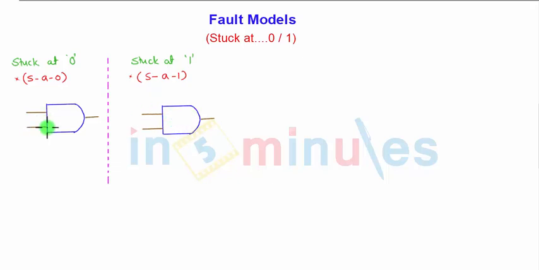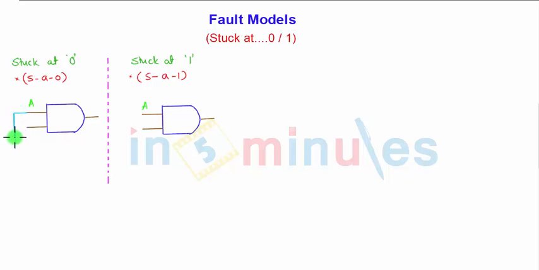Stuck-at-0 means what? Let us say the first input is A, so the input A here and the same input A here. Now when I say the input A is stuck at 0, that means this input, whatever it is, behaves like it is shorted to ground.